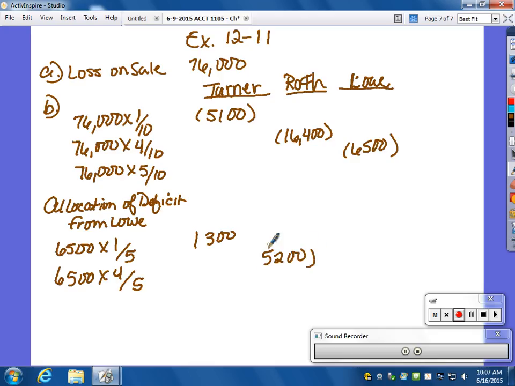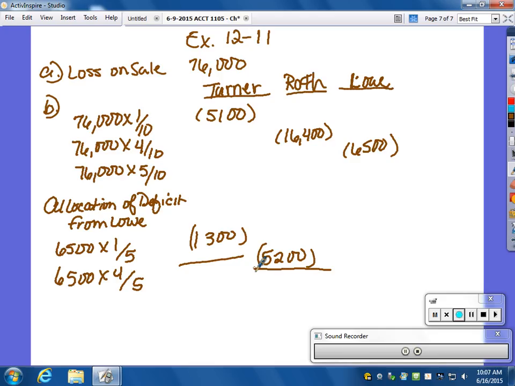And the two should equal the 6,500, correct? Adding them together, the two numbers should equal 6,500, because we started with 6,500. The 13 plus the 52.